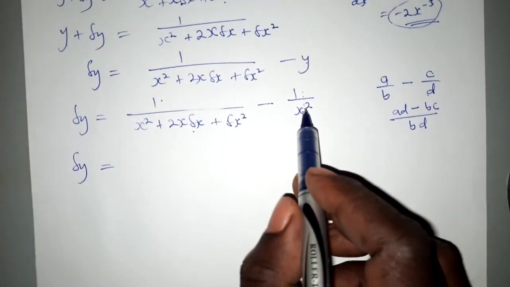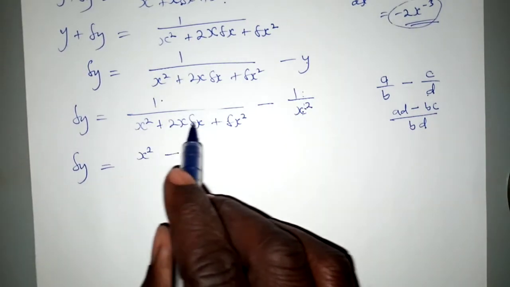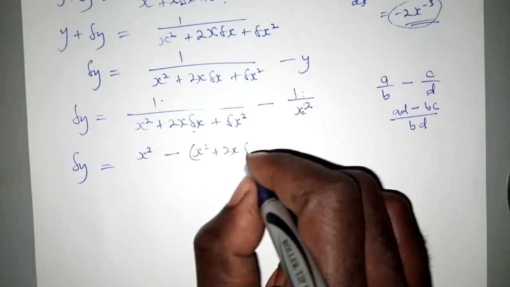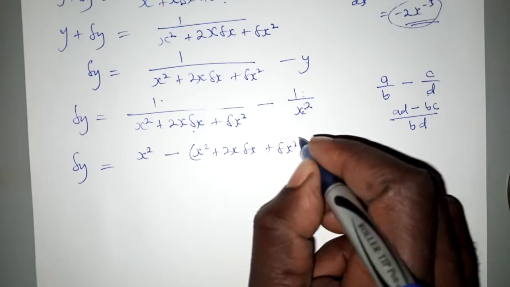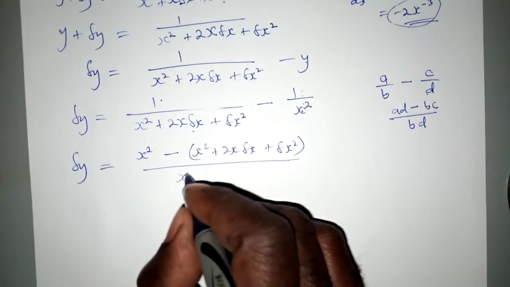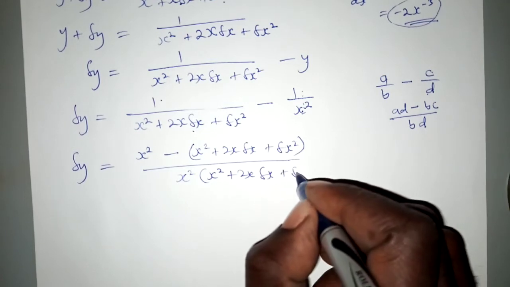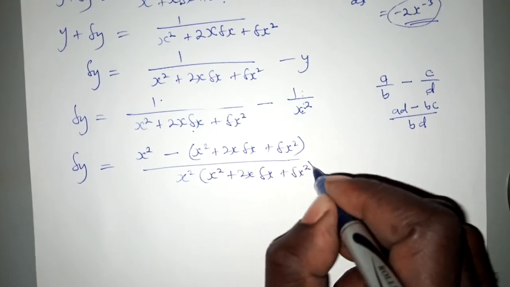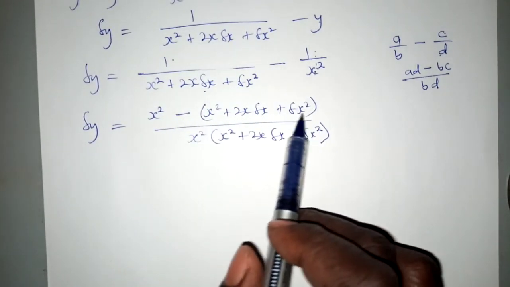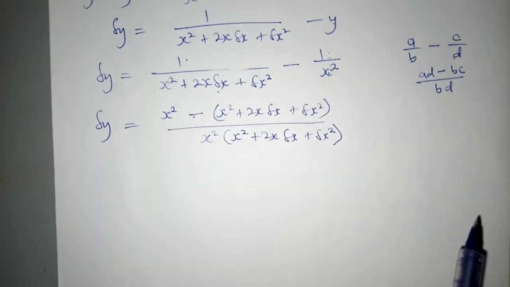So I'll multiply x square by 1, which is x square. Then minus, I'll multiply the whole expression by 1, which is x square plus 2x delta x plus delta x square. Then everything all over x square multiplied by x square plus 2x delta x plus delta x square. So from here, if I expand this bracket with this negative sign, the whole terms will get the negative sign.